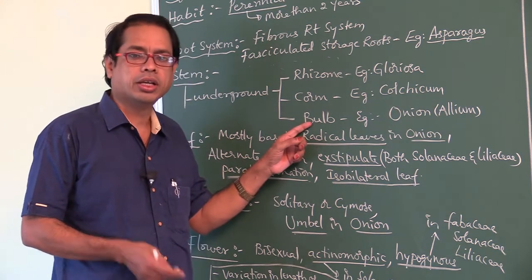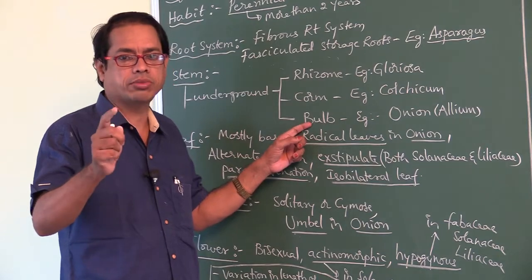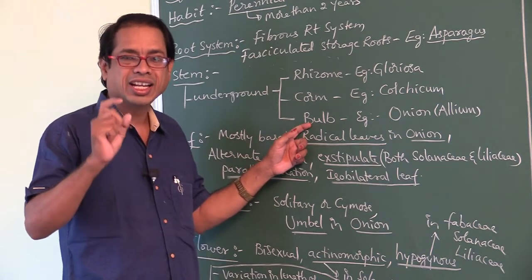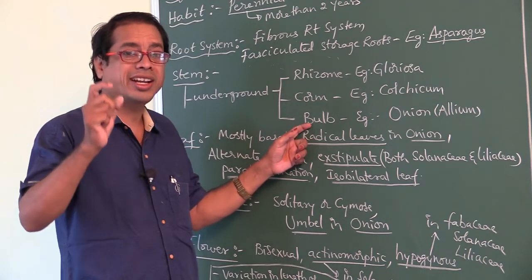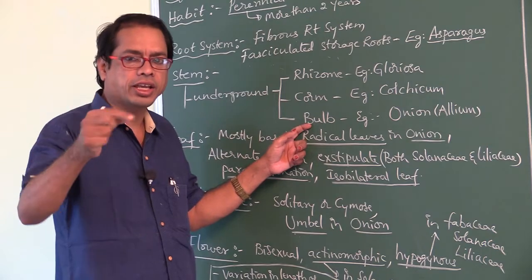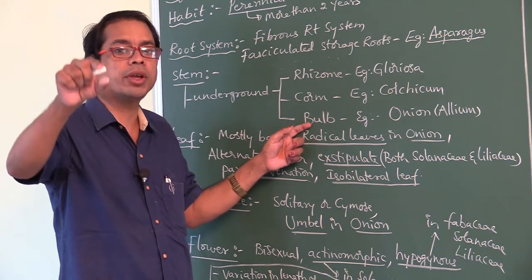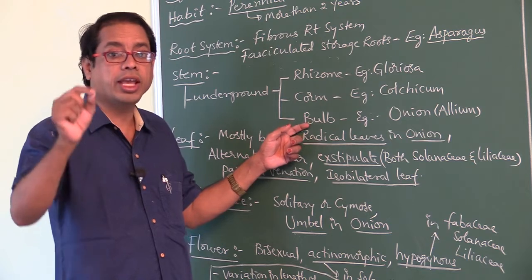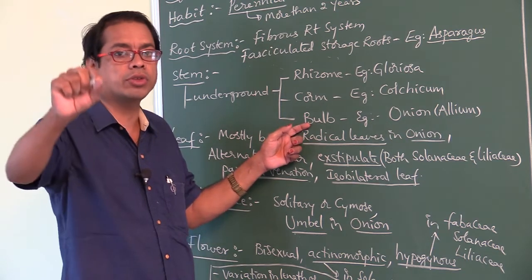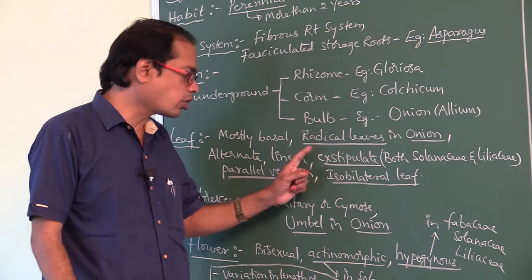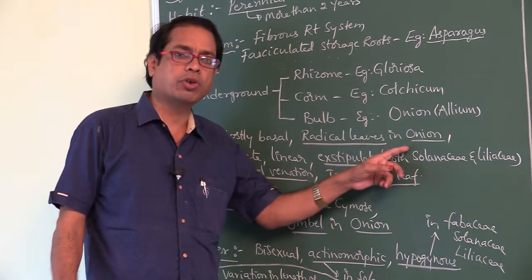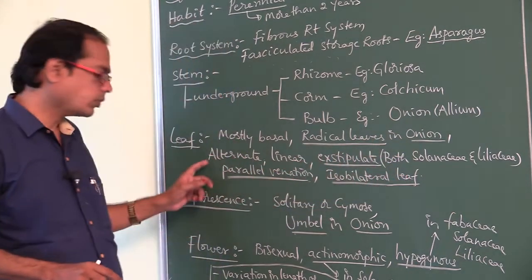In a bulb, the stem is a discoid stem. That's why the leaves appear to be developing from the roots. That type of leaves are so called radical leaves, found in onion.